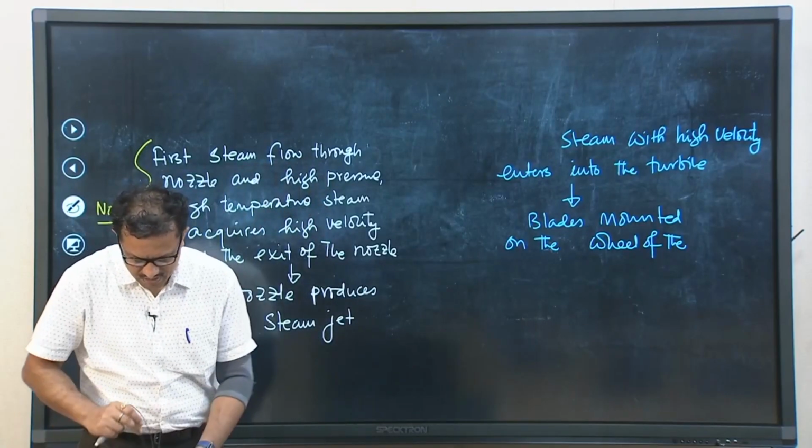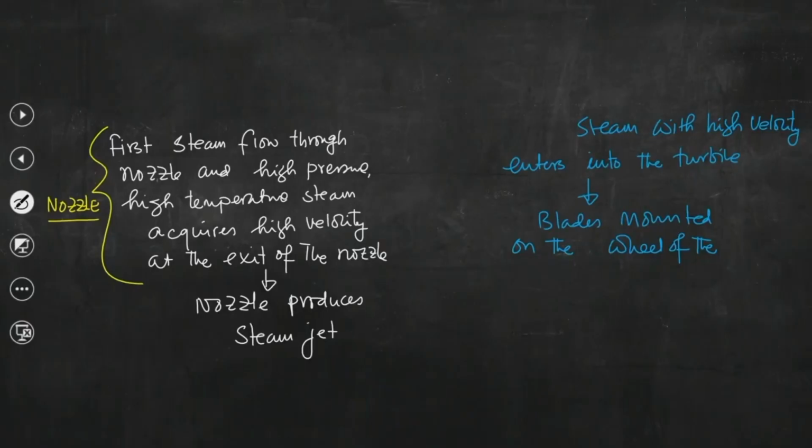So, this is very important: blades mounted on the wheel of the turbine deflect the steam jet, right.